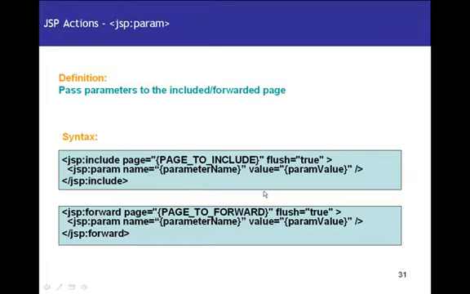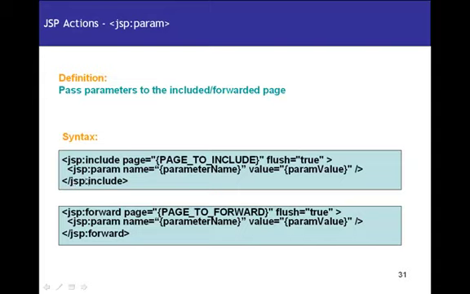Now we've seen JSP include and JSP forward, right? And even in JSP include, we said that we can pass parameters to the include action, but we couldn't pass parameters to the include directive. So how do you pass parameters to these two elements, JSP include and forward? Using the JSP param action element, right? This is used to pass parameters to the included or forwarded page, and this is the syntax for JSP param.